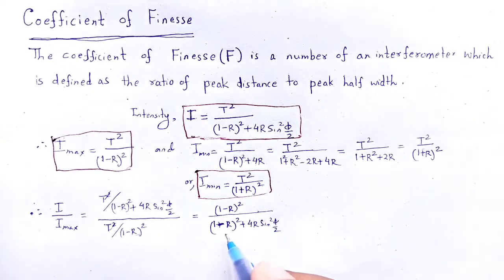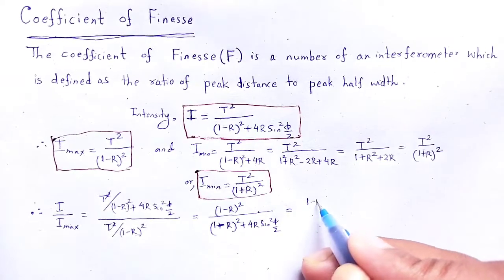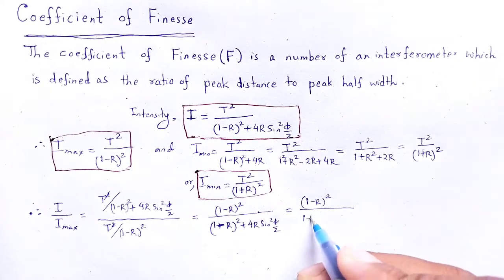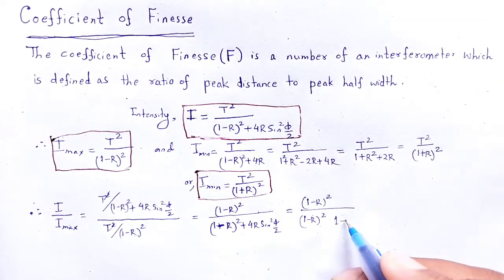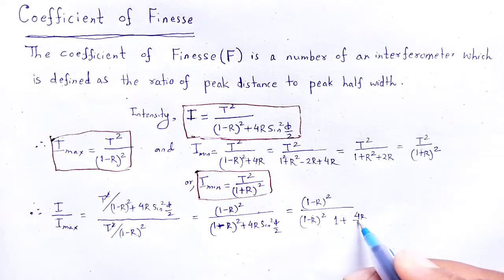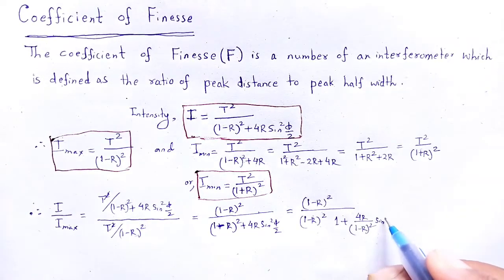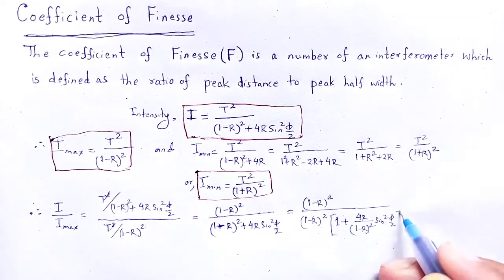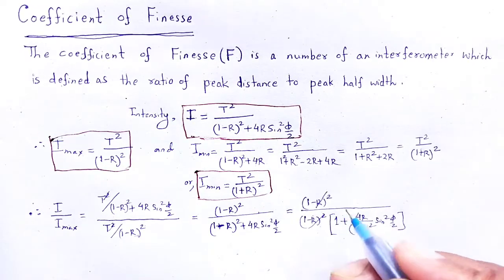In the denominator, let us take 1 minus R whole square as common. Inside the bracket we have 1 plus 4R divided by 1 minus R whole square sin square phi by 2. The 1 minus R whole square cancels out.